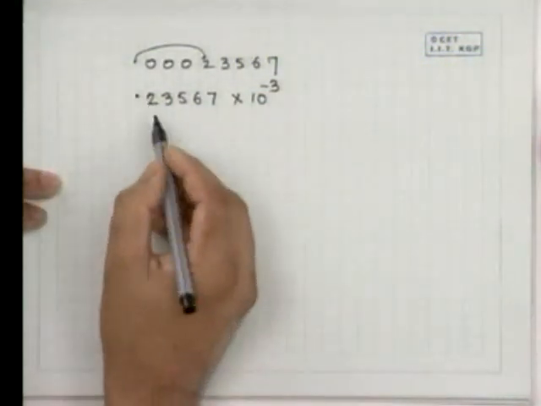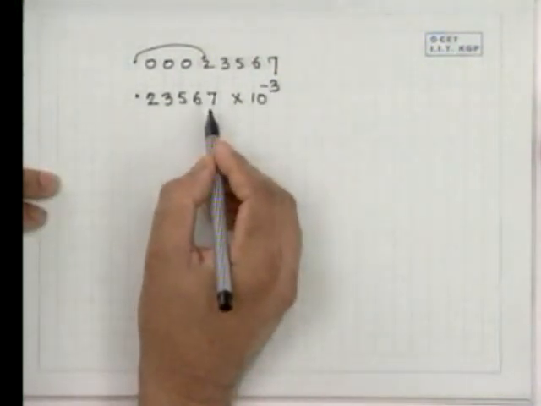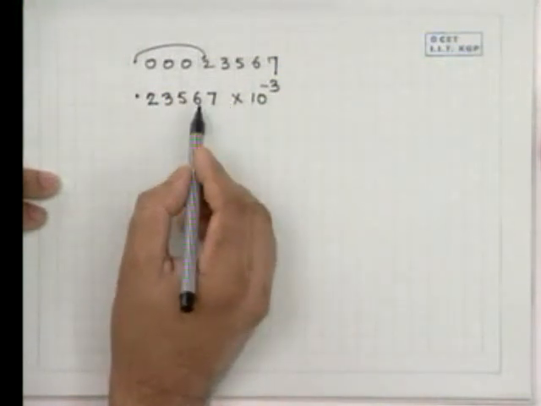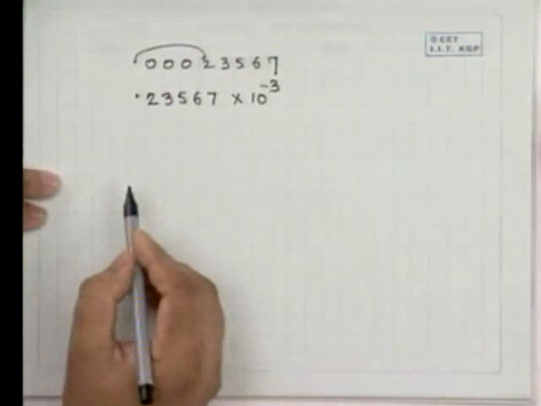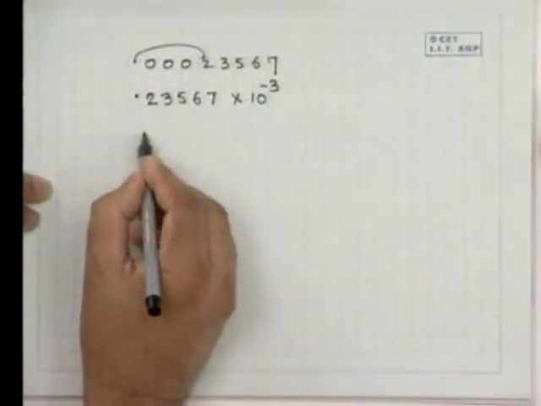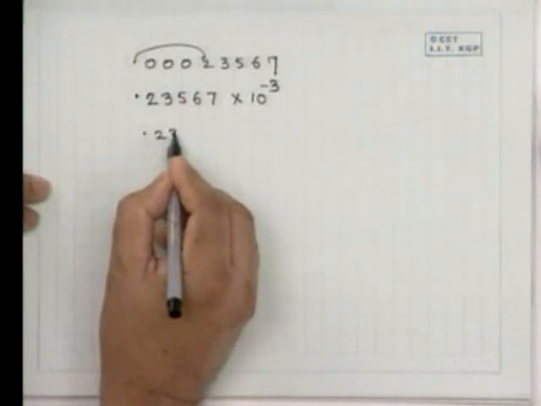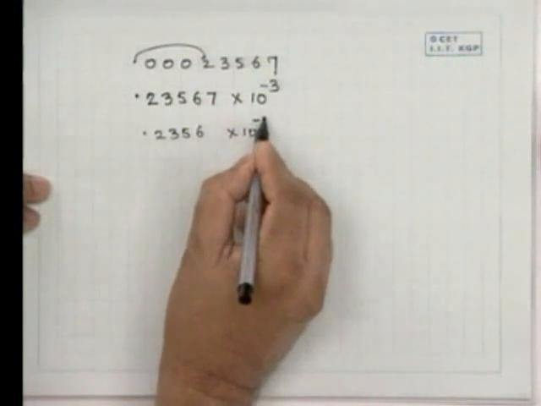Now it is quite okay, but say we do not have sufficient space to keep all the digits here. In that case, naturally, we'll have to get rid of this digit, and we keep 0.2356 times 10 to the power minus 3.